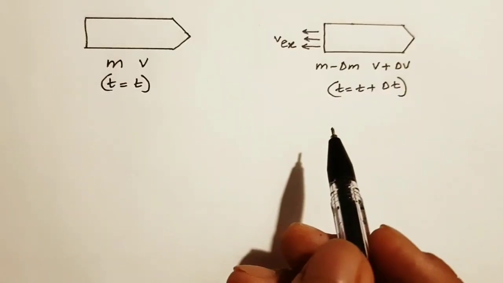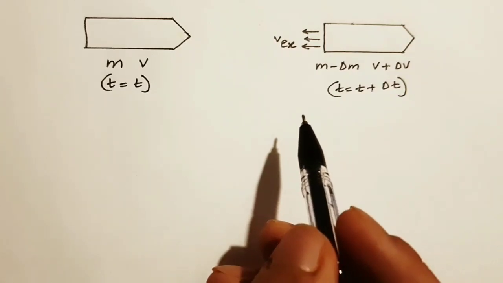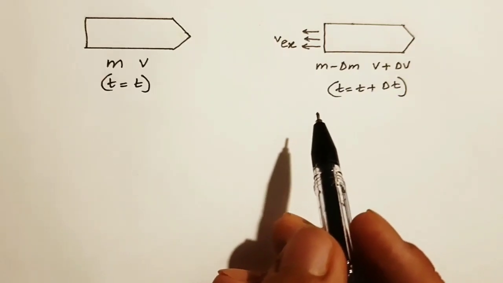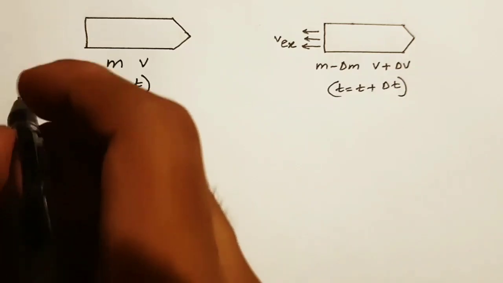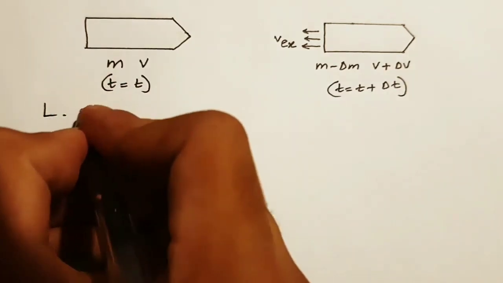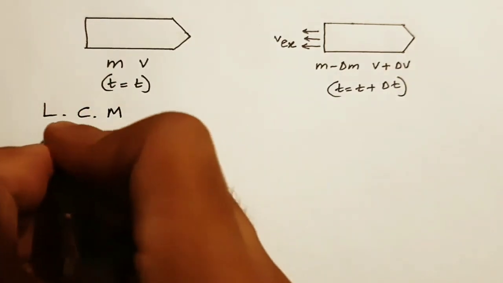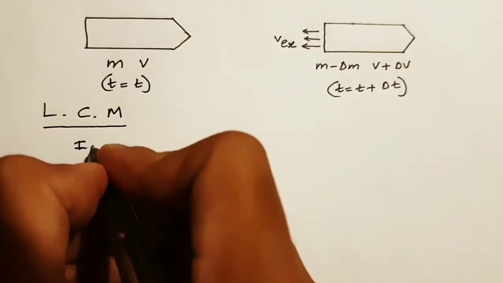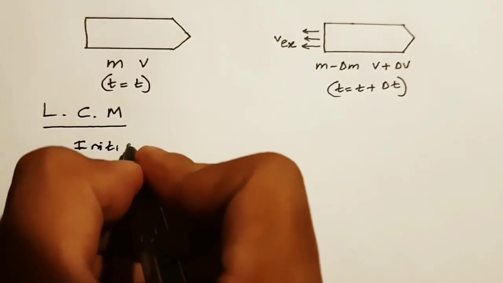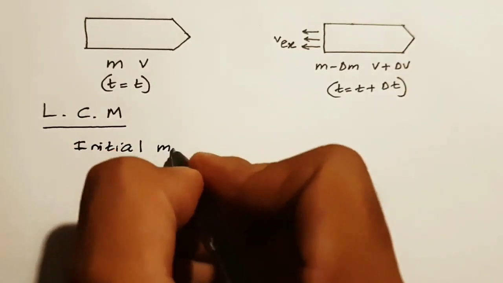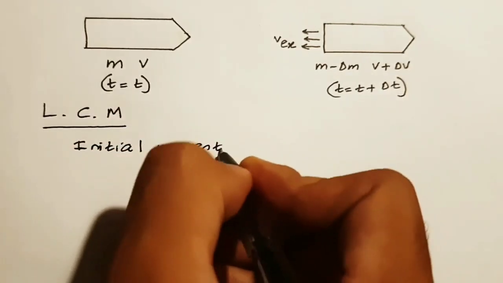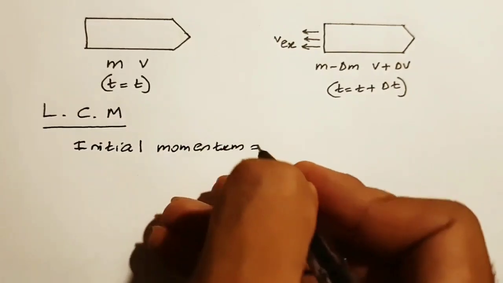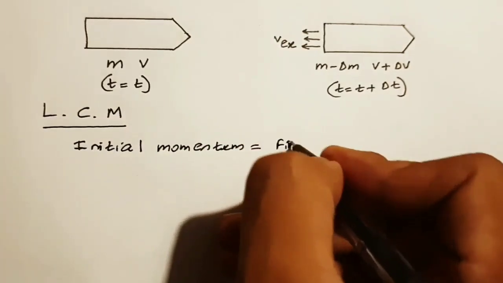Here we consider a situation where there are no external forces acting on the rocket. So by the law of conservation of linear momentum, the initial momentum is equal to the final momentum.